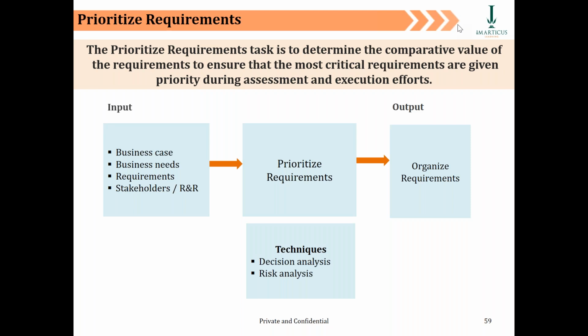So whatever inputs came to you via the business case, latest business needs, stakeholders' latest point of view, requirements, etc., you prioritize them in descending order of hierarchy, which means the most prioritized requirement comes right at the top. And that is where you are now organizing your requirements. That's the output expected from this exercise.